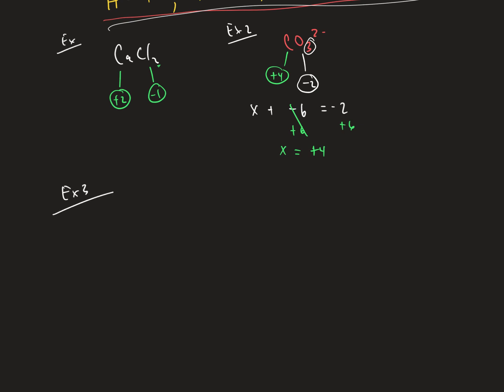If we have sodium as a solid plus chlorine gas, it gives us sodium chloride as a solid. Just by looking at this, does this look like an oxidation reduction reaction or a double replacement reaction?